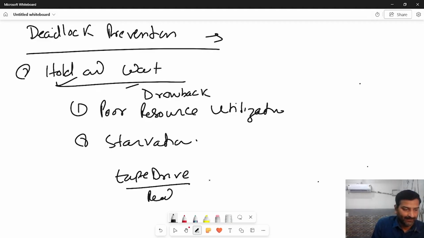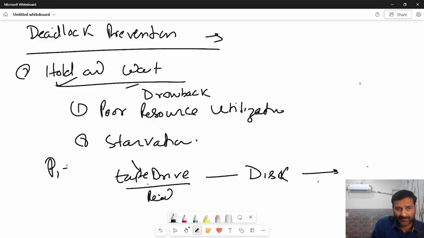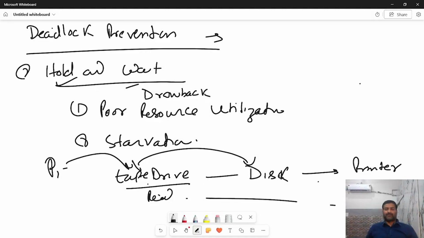Then a disk, where it has to write the data. Suppose process P1 is reading data from the tape drive, then writing it to the disk, then sending it to the printer. All of these are held by process P1 at the very beginning.